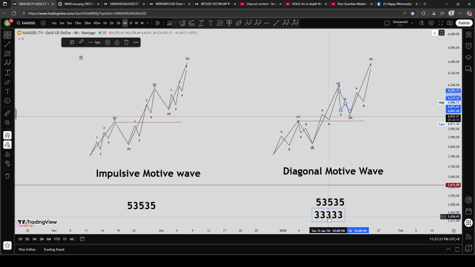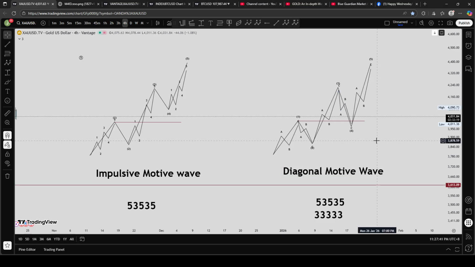Wave 4 can bounce above the territory of wave 1, and that's still acceptable if the counting is 3-3-3-3-3. However, if it is 5-3-5-3-5, then wave 4 should retrace beyond or overlap the territory of wave 1.